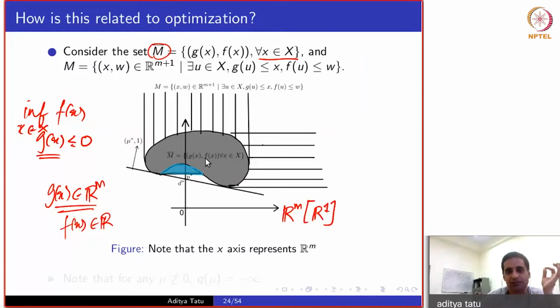The x coordinate in this picture does not represent x, it represents g(x). Similarly, the y coordinate does not represent x, it represents the value of the objective function at the same x. In general, g(x) can have both negative and positive values. The x's for which g(x) is negative are on this side, and the x's for which g(x) is positive are on this side.